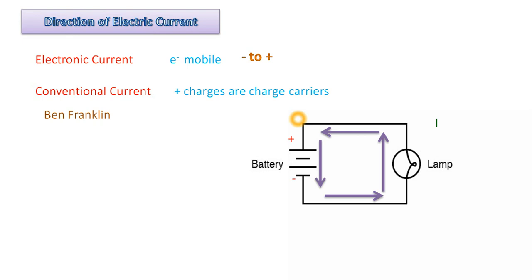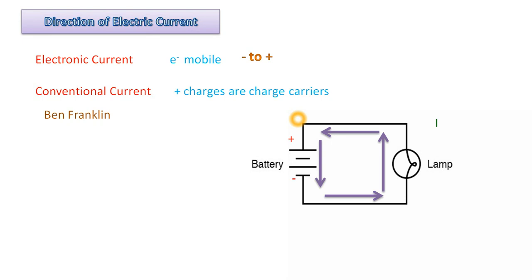So, as per Franklin, it was not electrons, rather the positive charges are charge carriers. That means whichever direction the positive charges are flowing, that should be the direction of electric current.